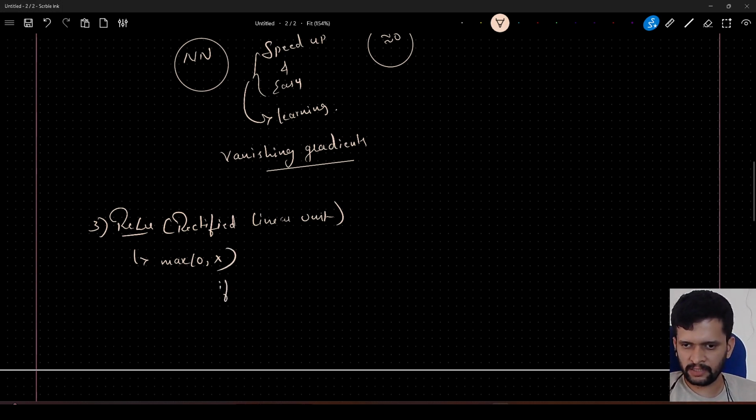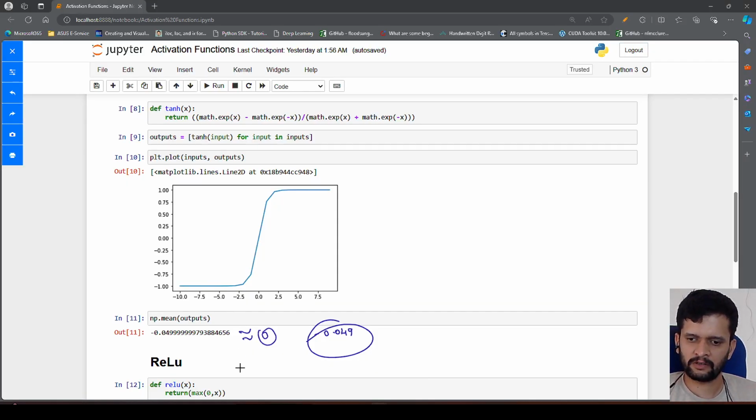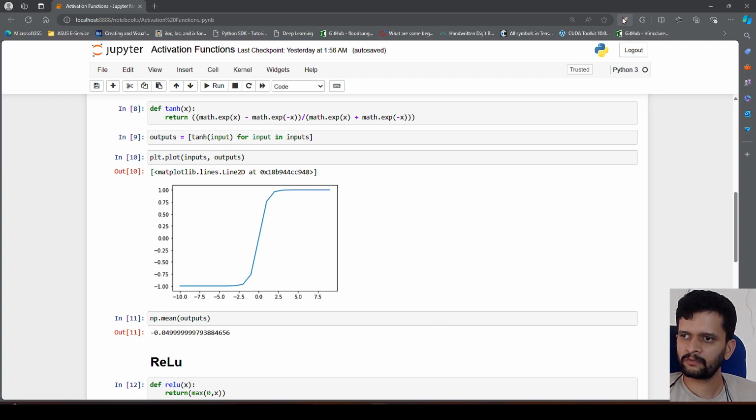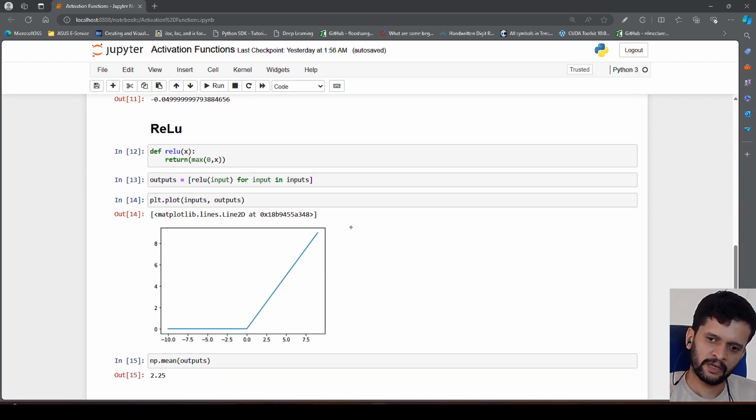So if x is less than 0, in other words if x is negative, it will return 0. Otherwise, whatever the value of x is, it will return that value. So how do we implement this? It's simple: return max of 0 and our input value. If we plot it, you can see all the values which are less than 0 are converted to 0.